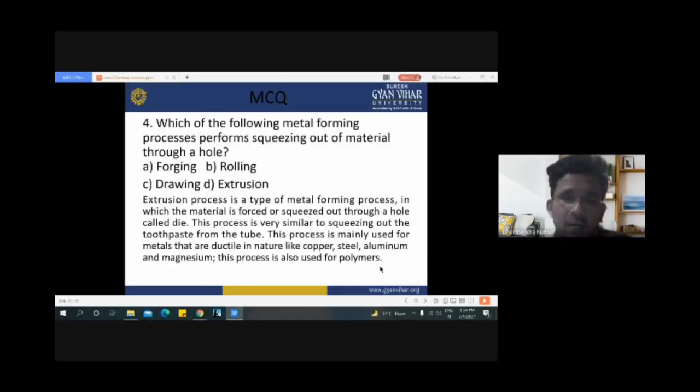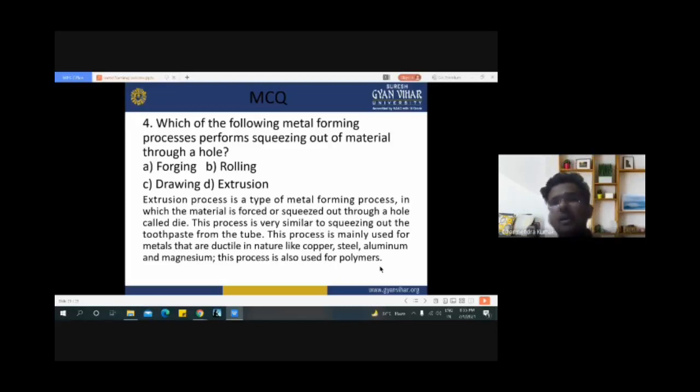Another multiple choice question: which of the following metal forming processes performs squeezing out of material through a hole? We are seeing that in the extrusion process, the material comes out after squeezing the raw or viscous material by applying force from the ram.